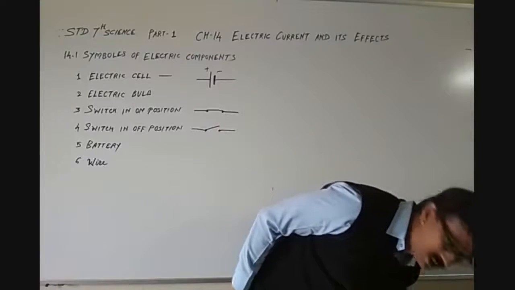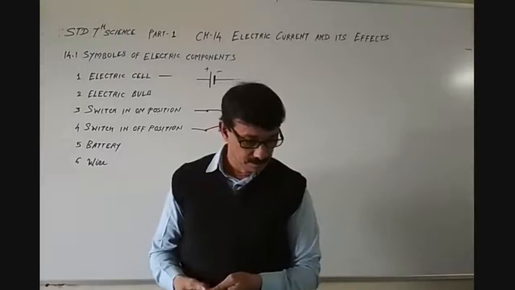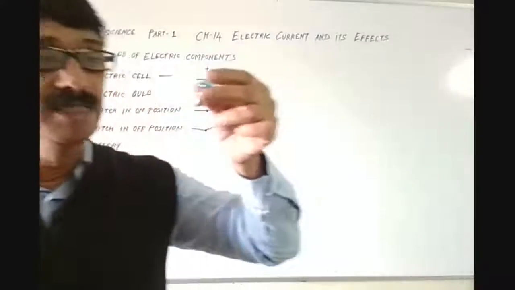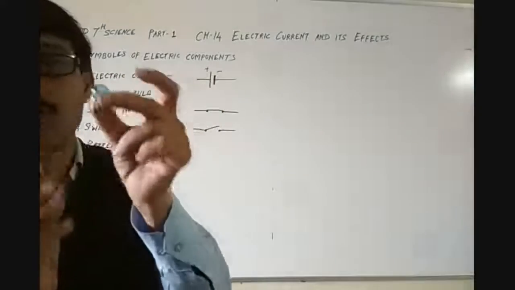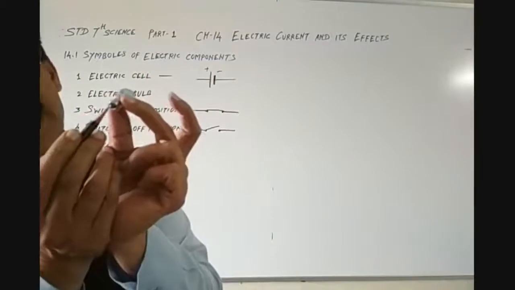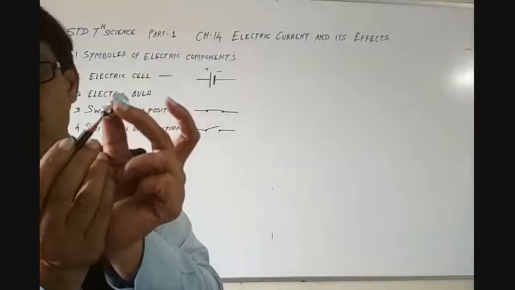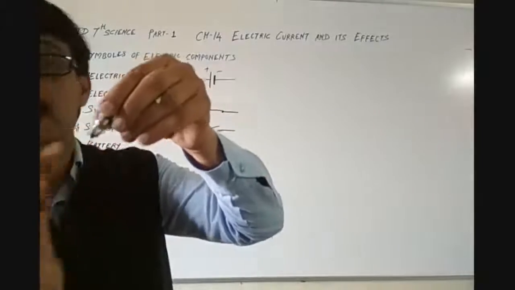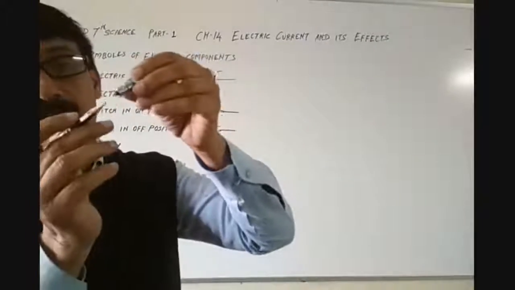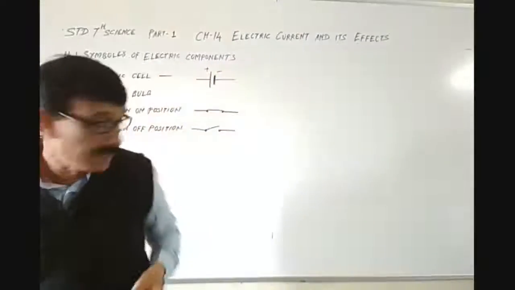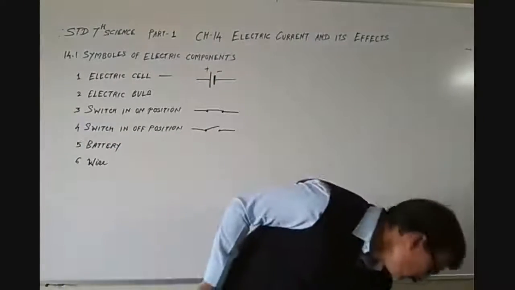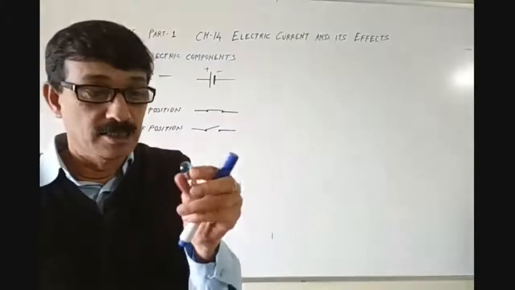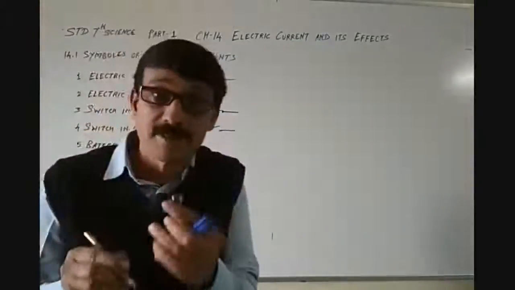Now let me make you understand the bulb. In the bulb also, like the cell, there are two terminals. This one is at the end of the bulb, this is one terminal, and on the surface, this is the second terminal. And second thing, from last year we know there is a filament in the bulb.